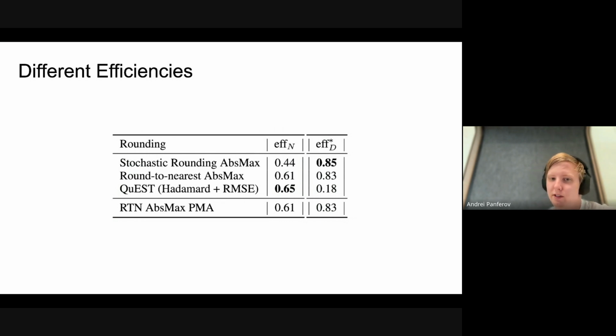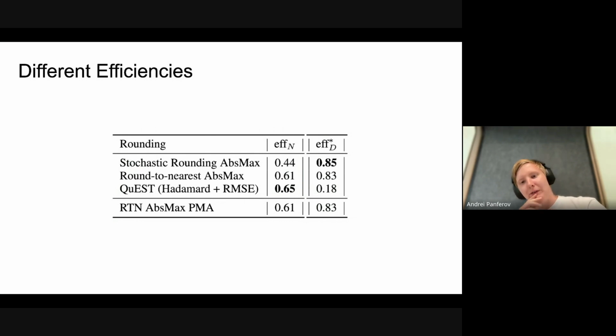So in this table, we can see a number of methods. The EPS-max stochastic rounding method that was first proposed for MXFP4 by Albert Tseng and co-authors in a paper that was also presented in the 7R series a few months ago. The round to nearest variation of the same method, and the Quest method from a previous paper of our own that uses a slightly different scaling technique than EPS-max.